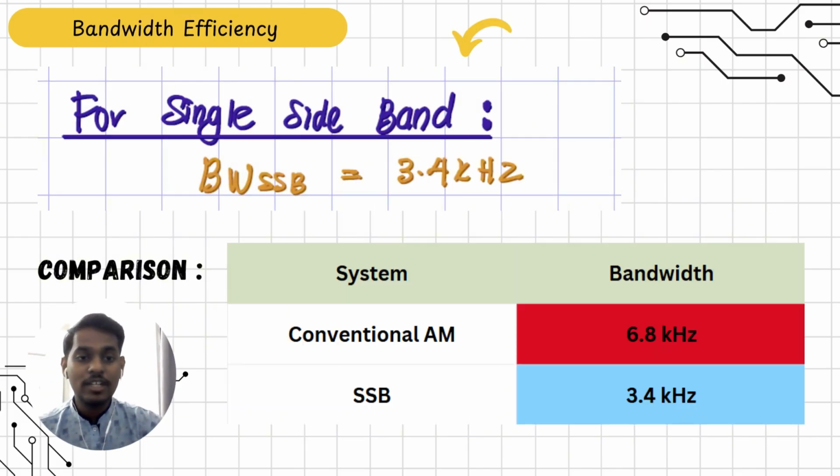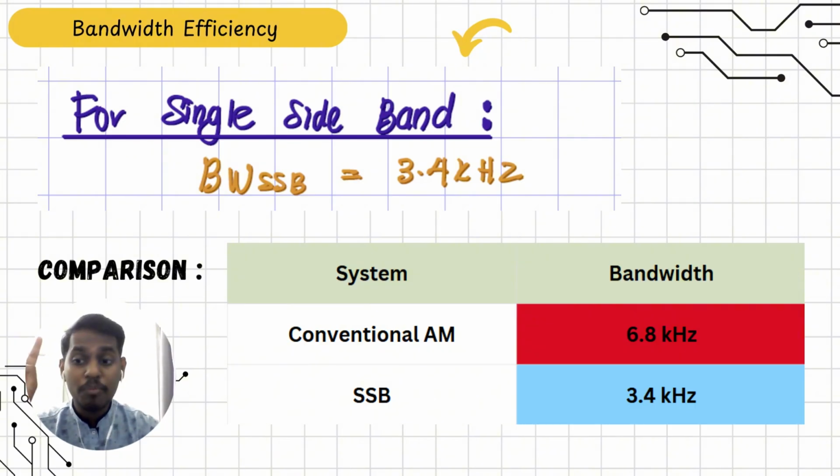All right, so this one is the bandwidth efficiency for single sideband, where we do the comparison. The formula for SSB, as we said, is FM. In this example, the voice bandwidth is 3.4 kilohertz, so the bandwidth for single sideband is 3.4 kilohertz.